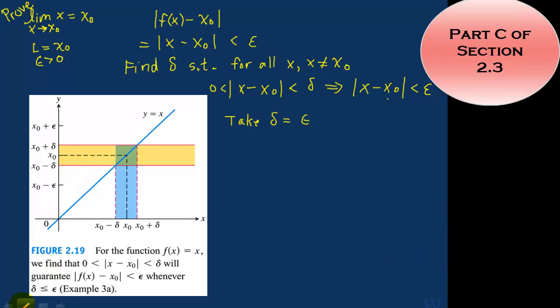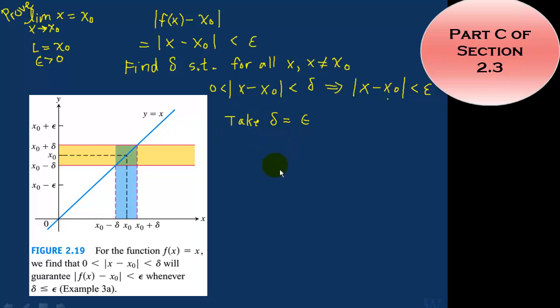And notice what we have here. Let me just use my arrow, that way I can use a laser pointer. Notice that this horizontal strip is identical to the vertical strip because our epsilon is going to be equal to delta. And notice that it doesn't matter if our delta is less than or equal to epsilon, it still works, because as long as you want to make sure that this vertical strip lies within the horizontal strip, take delta to be equal to epsilon.